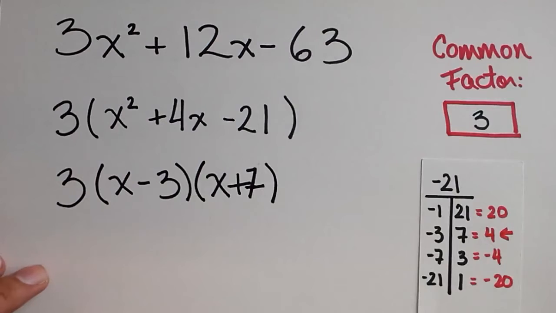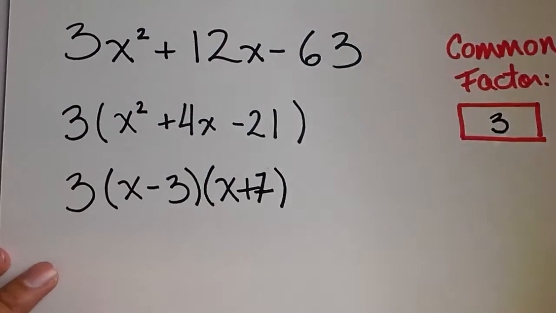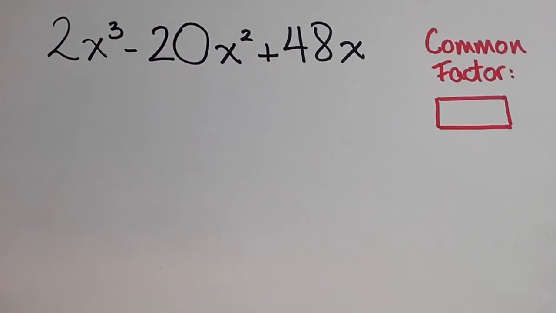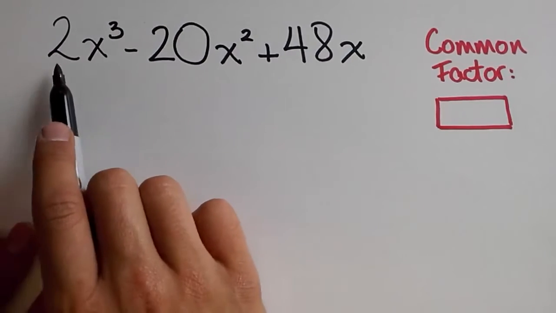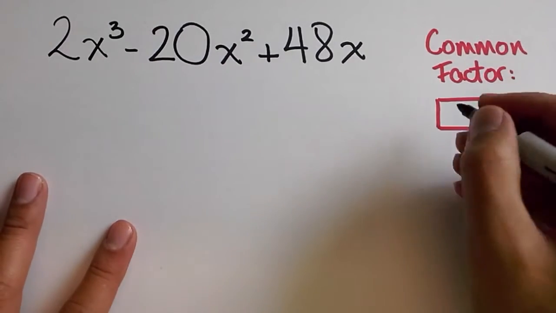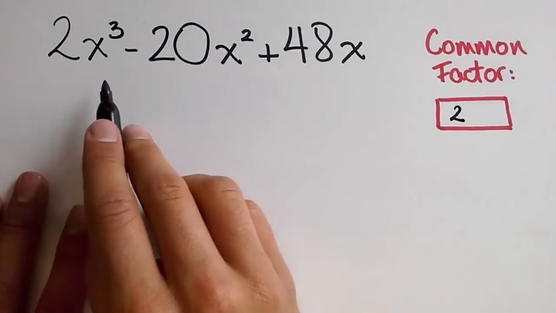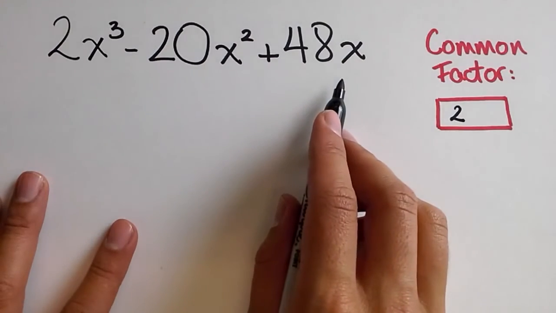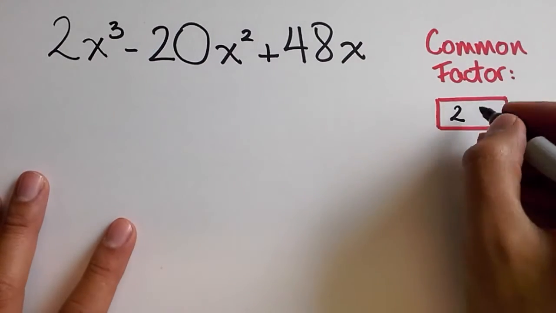Now, if we check out our second example, 2x to the third power minus 20x squared plus 48x. Check out that our three numbers once again are multiples of the same number, which in this case is 2. But you can also notice that the three variables share at least one x.